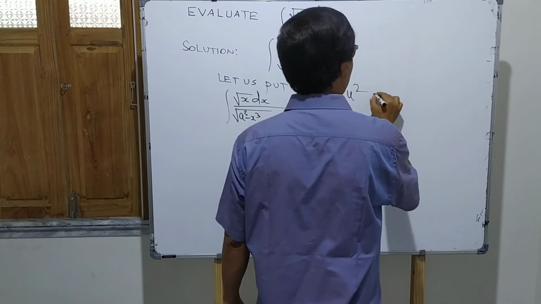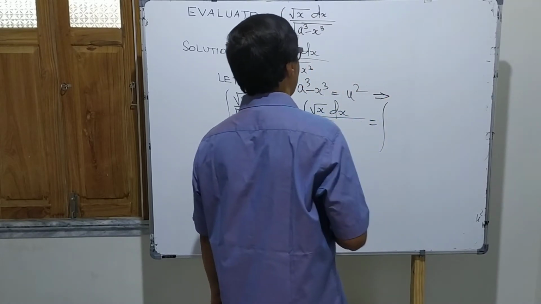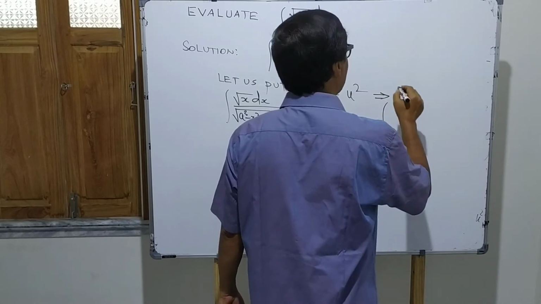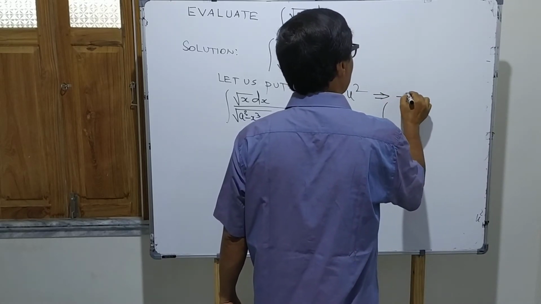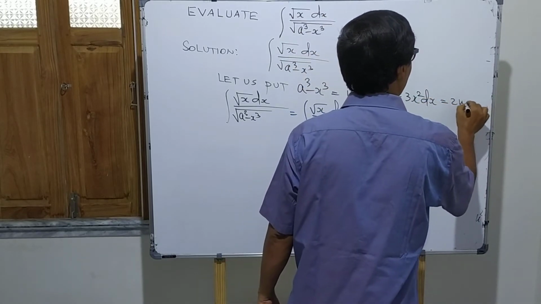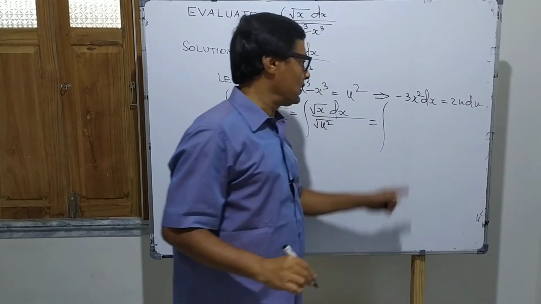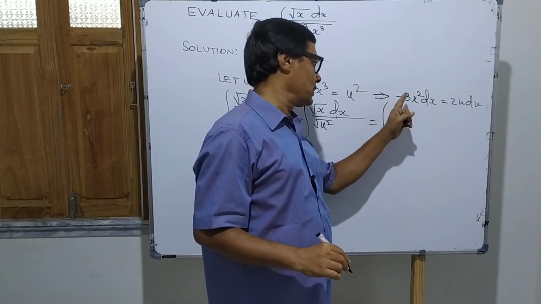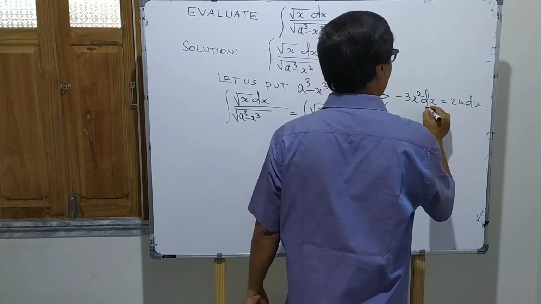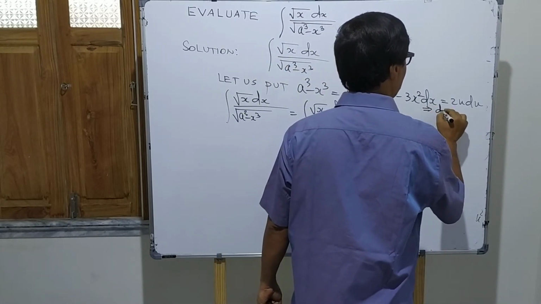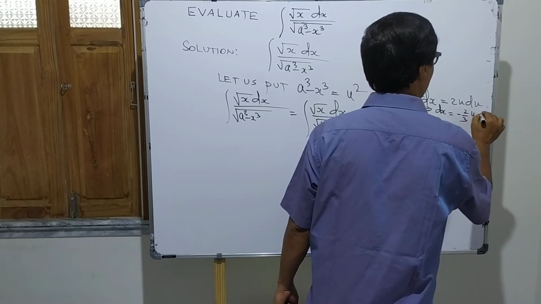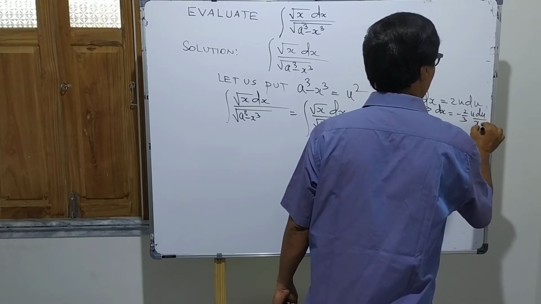Also, here we can differentiate both sides of this relation, that is, minus 3x square dx equal to 2u du. We have taken differentiation on both sides, and we get dx equal to minus 2 over 3 u du over x square.